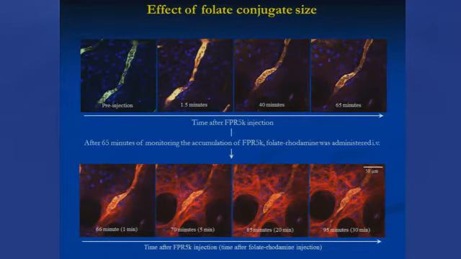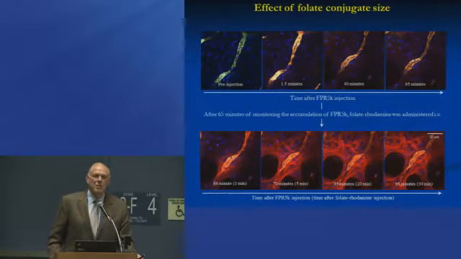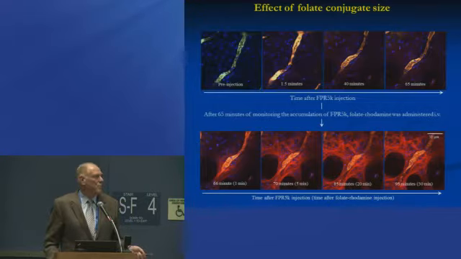If we then, in the same mouse, in exactly the same blood vessel, inject in the tail vein at the 65-minute time point folate rhodamine without a PEG in there, so it's just smaller, same folate, same rhodamine, we can see within 5 minutes the tumor saturates here. And that's just an impact of size in terms of tumor penetration.